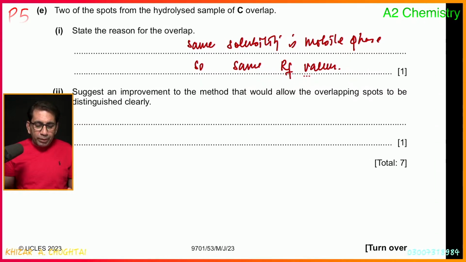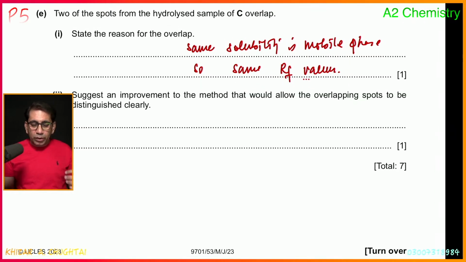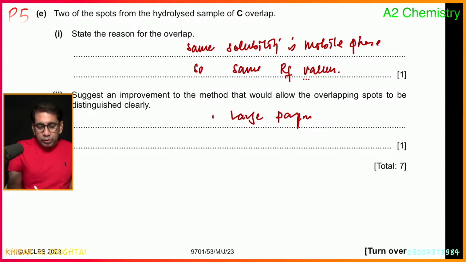Suggest an improvement to this method that would allow the overlapping spots to be distinguished clearly. The basic thing is that it's paper chromatography. So in case of paper chromatography, we can use a longer, larger paper to see the spots clearly and differentiate them clearly.